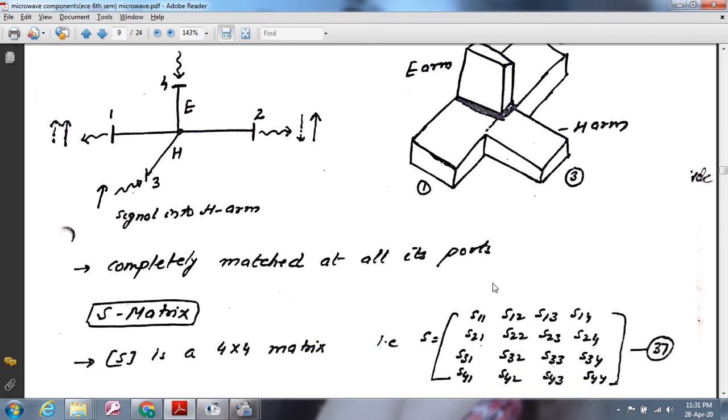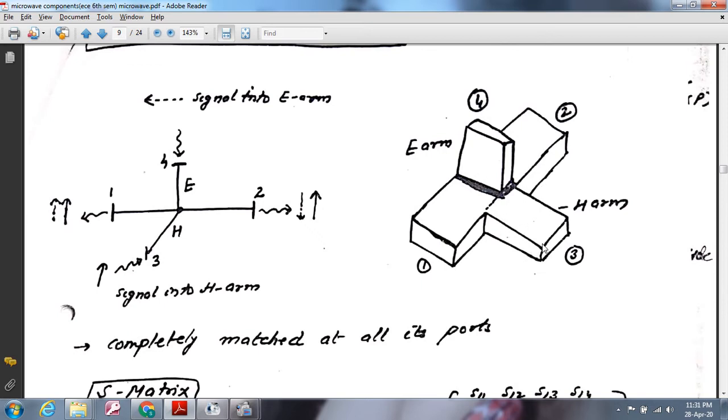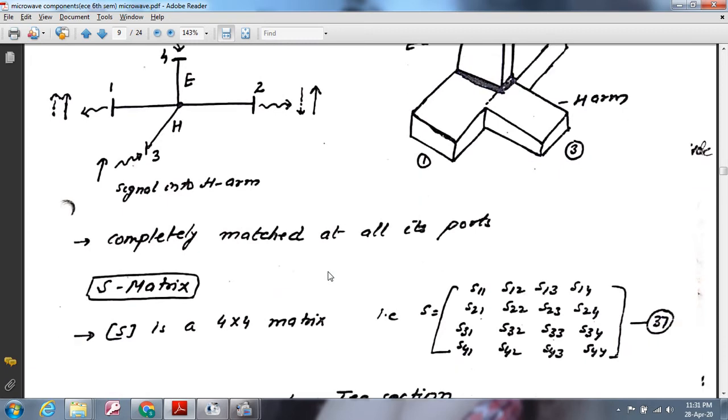And we also consider port number 3 and port number 4 to be perfectly matched ports.